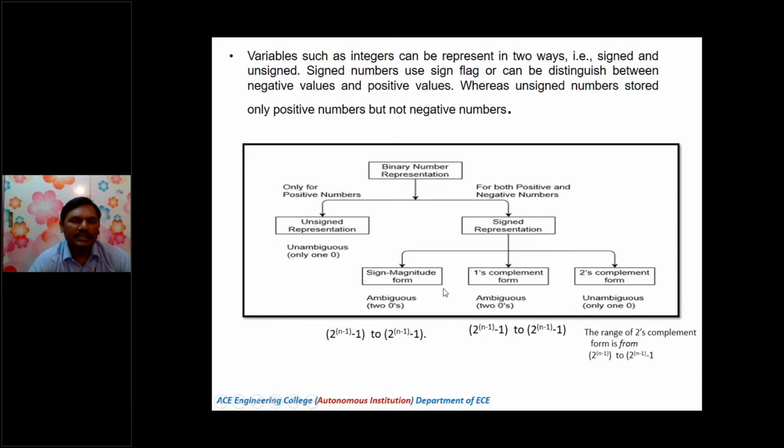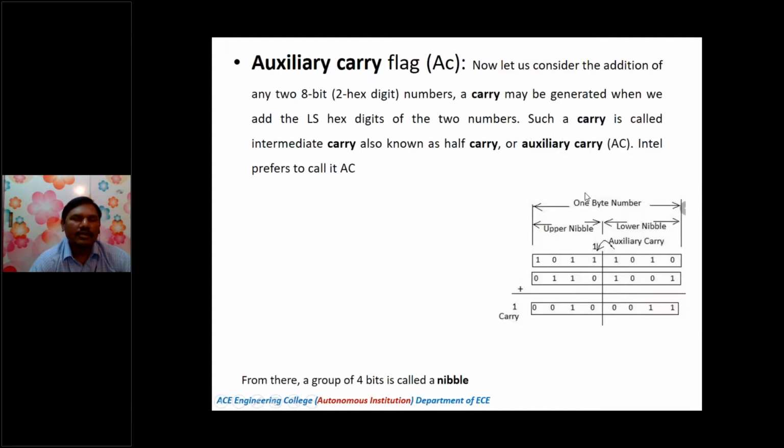In signed representation, we can have both positive and negative numbers, represented in three formats: sign and magnitude form, ones complement form, and twos complement form. Generally we use twos complement form for our applications. Usually, signed representation is used in negative and subtraction applications.